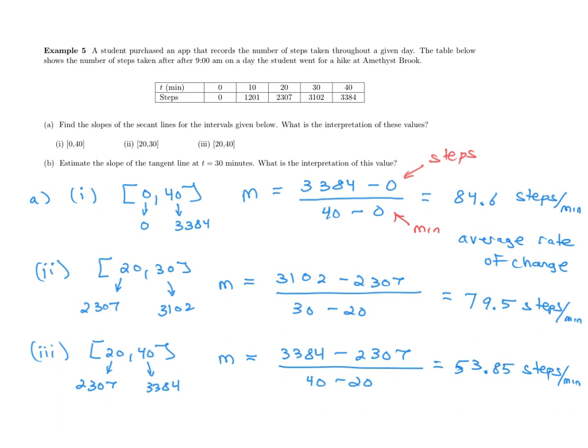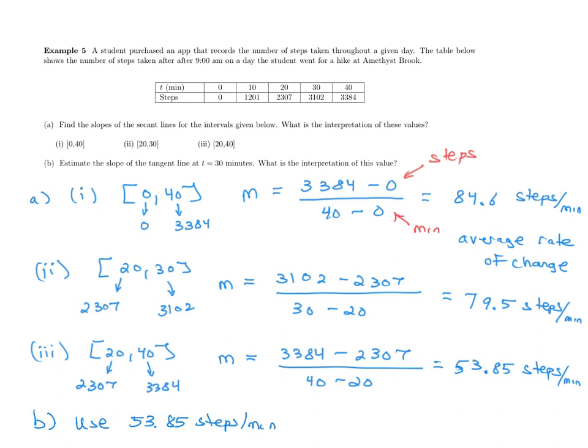I'm going to say that this here, if you go around the value 30 and draw the secant line between 20 and 40, that would probably be a good estimate for the slope of the tangent line at exactly 30. So for part B, if I'm going to estimate the slope of the tangent line, I'll use 53.85 steps per minute.